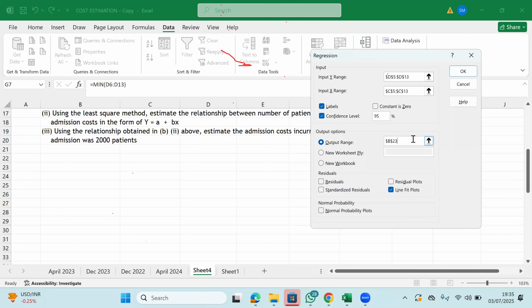For residuals, it's usually more of the graph that we want. For the graph appearing, we want a line fit plot to accompany our result. We'll also explain that graph shortly.